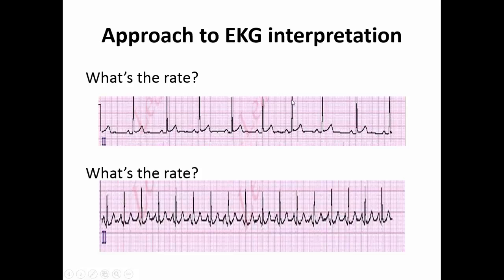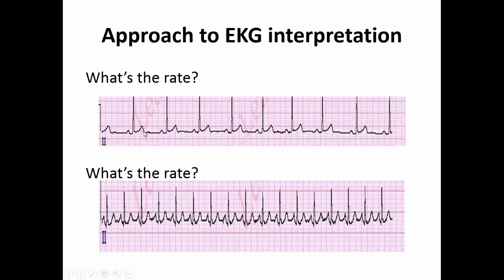Here's one right here. If we count the number of big boxes, we get 1, 2, 3, 4, 5. 300 divided by 5, so this heart rate's a little less than 60, since there's slightly more than 5 boxes between the two. You can also use the 300, 150, 100, 75, 60, if you've memorized it that way. So heart rate is just less than 60.